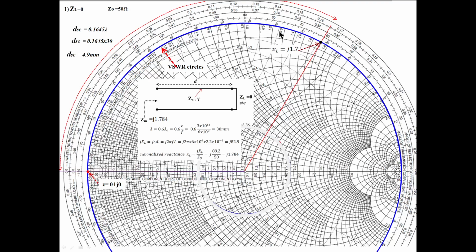Because the upper part is a negative value of susceptance, I want minus 0.8, and I stop at this position. This is the minus 0.8 susceptance value. Then I draw a line passing from here to this 0.8 and note down the distance from here to here. You take that particular length, and it will give the susceptance value.